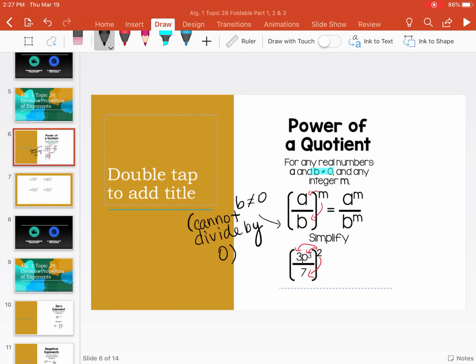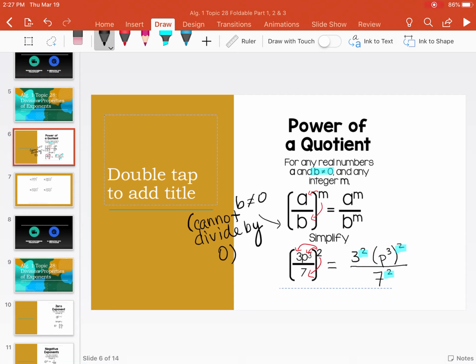If we want to rewrite this, we get 3 squared times p cubed raised to the second power, all divided by 7 squared. See how I applied that to every single term. You see that squared 3 different times because there are 3 different terms here.